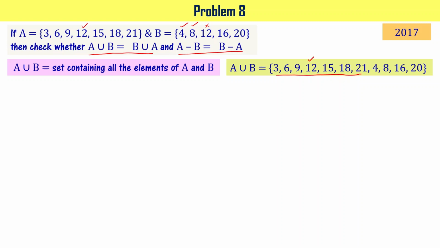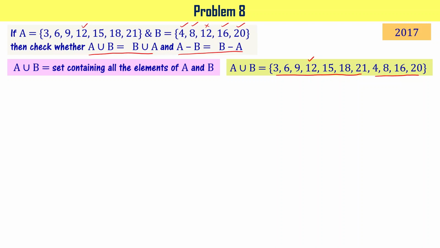Now 16 I can include, 20 also I can include. When you write A union B, it is going to be the set containing elements 3, 6, 9, 12, 15, 18, 21, 4, 8, 16, and 20.